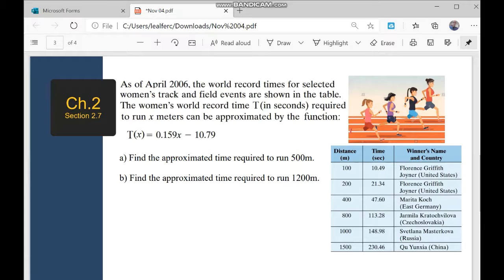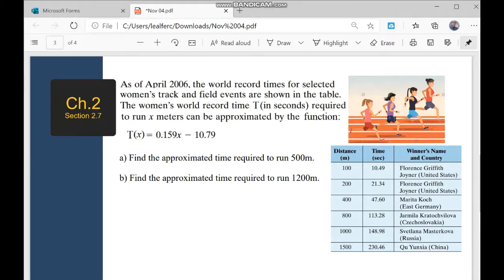As of April 2006, the world record times for selected women's track and field racing events are shown in the table. So this is the table with real data, real times for each athlete that was winner in this distance, in this racing. The women's world record time t in seconds required to run x meters can be approximated by the function.